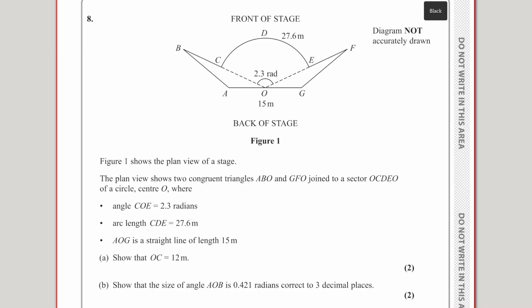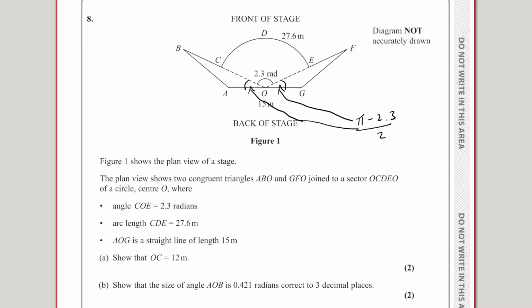So we can work out these 2 angles here because they're going to be identical. Each one is going to be pi take away 2.3, since angles in a straight line add up to 180 degrees, or pi. So pi take away that, divided by 2. So that's both of those angles.